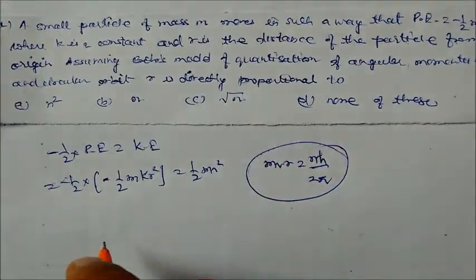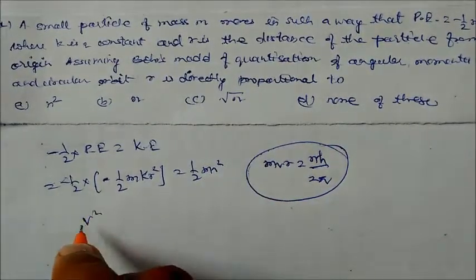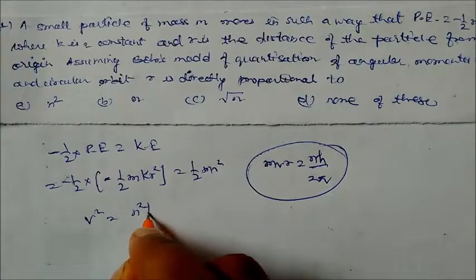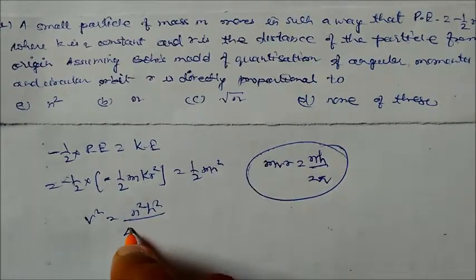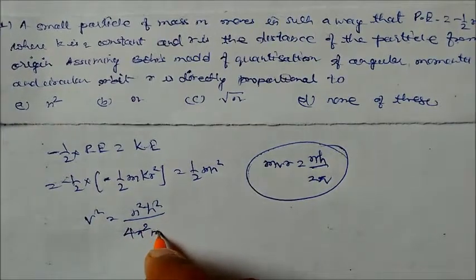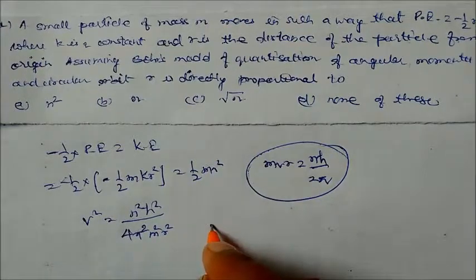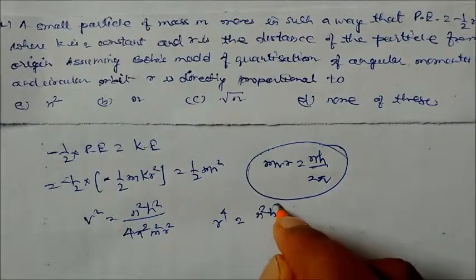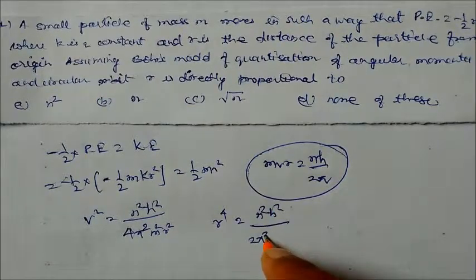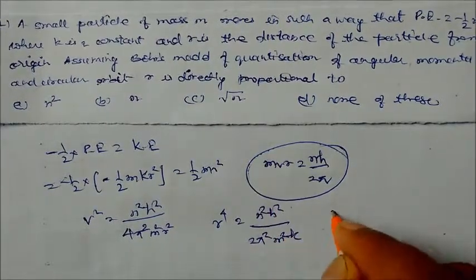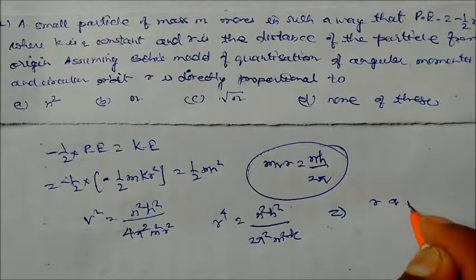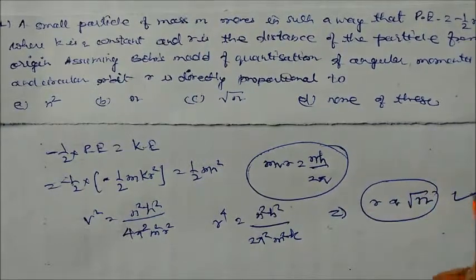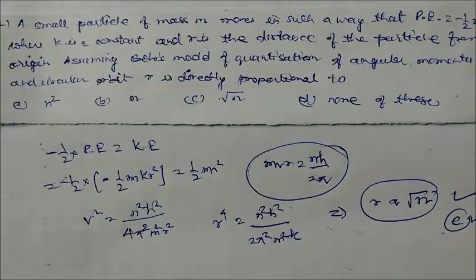So we can write v square is equal to n square h square divided by 4 pi square m square r square. So r to the power 4 will be n square h square divided by 2 pi square m square k. So this implies that r is proportional to square root of n. So the answer will be C.